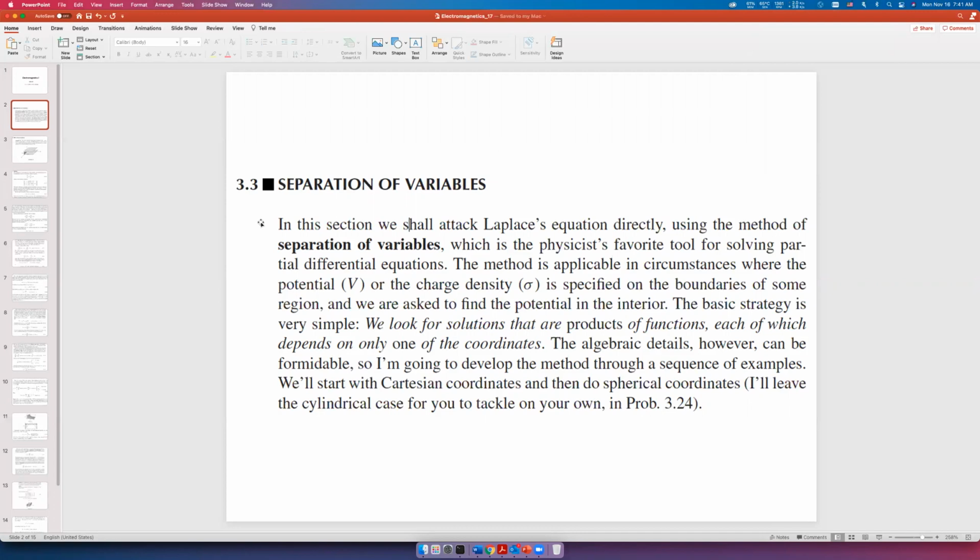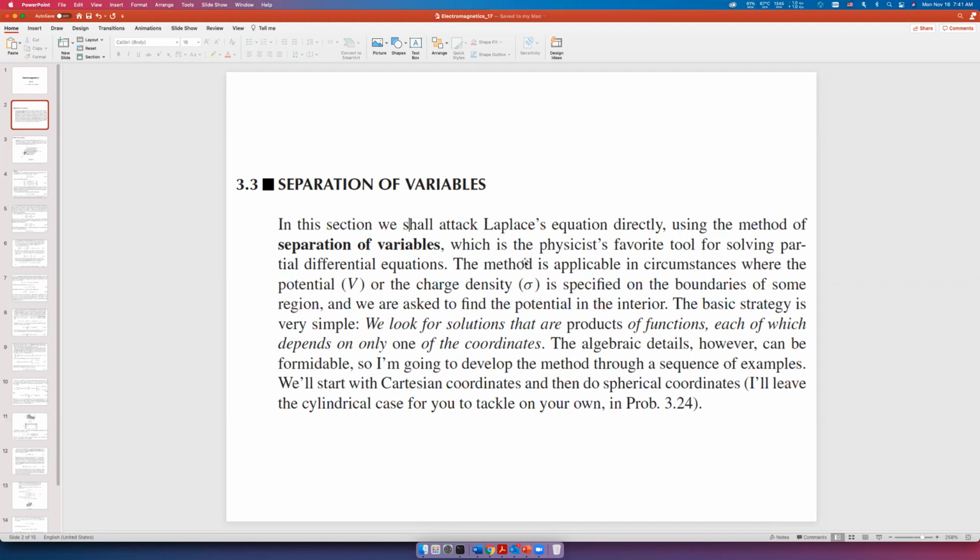Okay, so first of all, in this section, we will solve the Laplace equation directly using the method of separation of variables. The separation of variables is very familiar. It's very popular in physics classes because as physicists, we use this tool a lot to solve partial differential equations and even other problems.